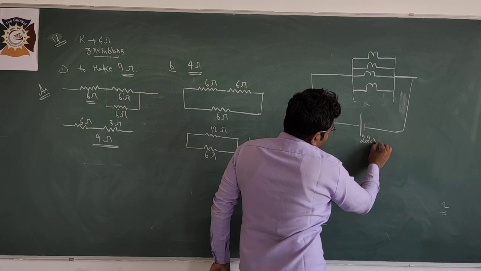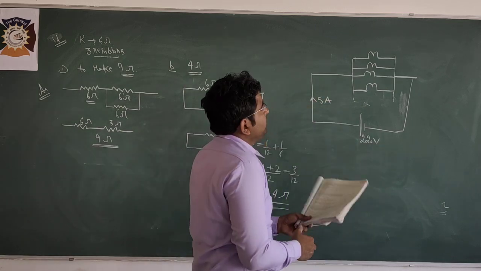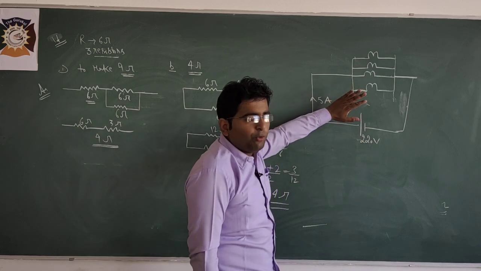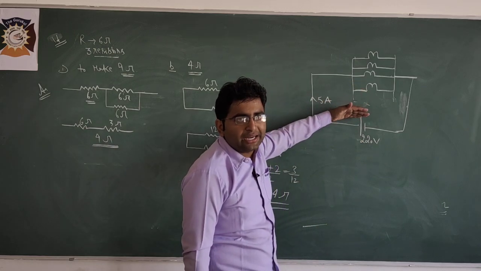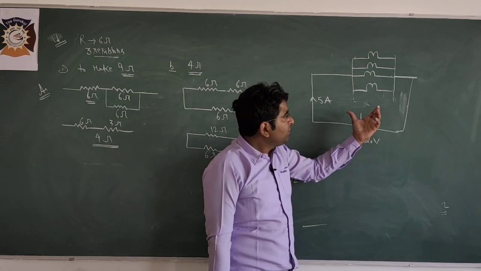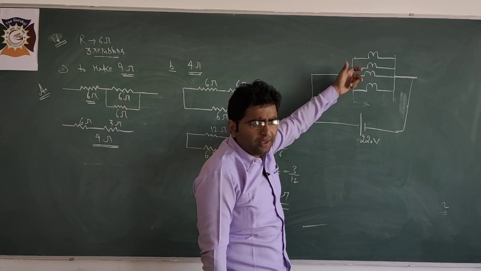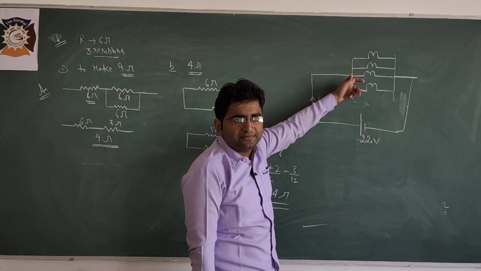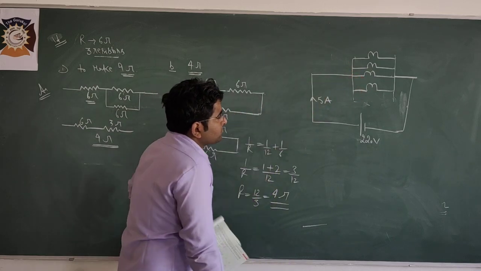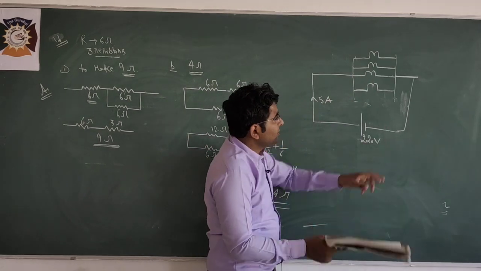220 volt, maximum current is 5 ampere. Clear? Okay, we don't know how many bulbs we have to connect to get 5 ampere current under 220 volt. So what do we have to do? Let n be the number of bulbs we have connected in parallel combination. Now we will find the current across every bulb.